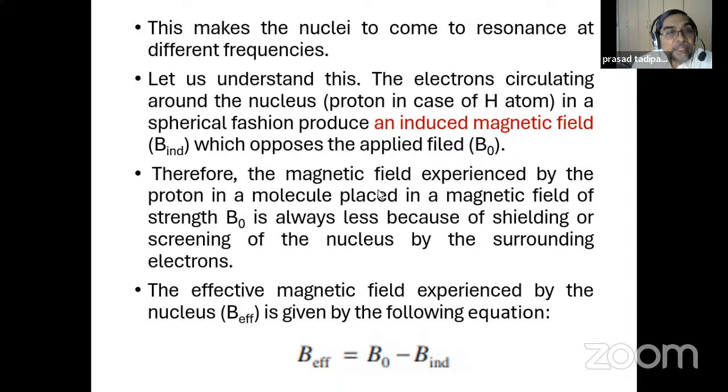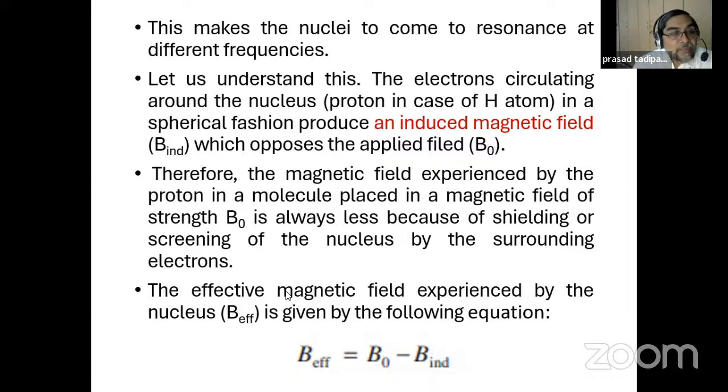Therefore, the magnetic field experienced by the proton in a molecule placed in a magnetic field of strength B is always less because of shielding or screening of the nucleus by the surrounding electrons. The nucleus is surrounded by electrons, so it is shielded by the electrons.